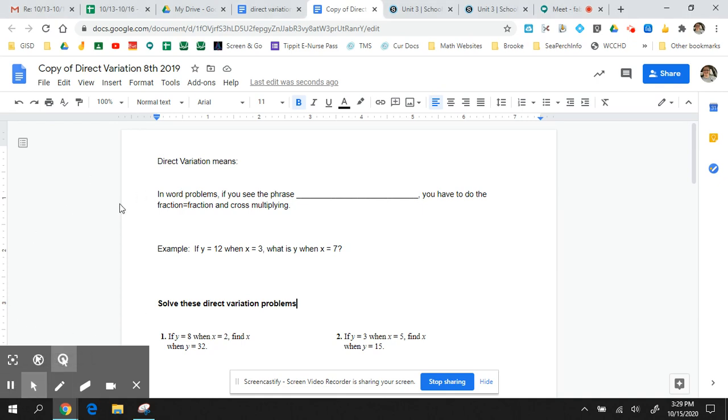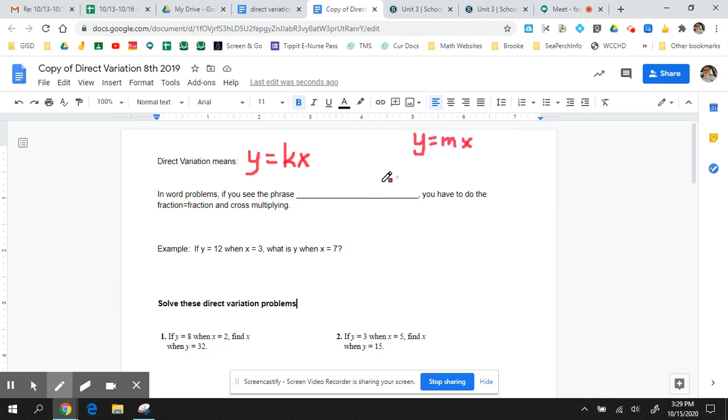There is an equation that you will see throughout direct variation, and it is y equals kx, where k is maybe the number that you're looking for. It looks a whole lot like y equals mx plus b without the b part. Y equals mx if we were talking about slope.